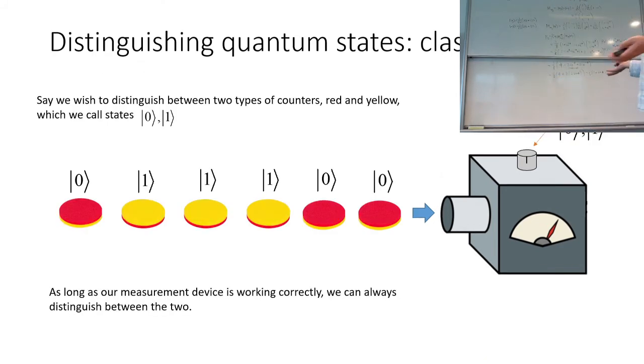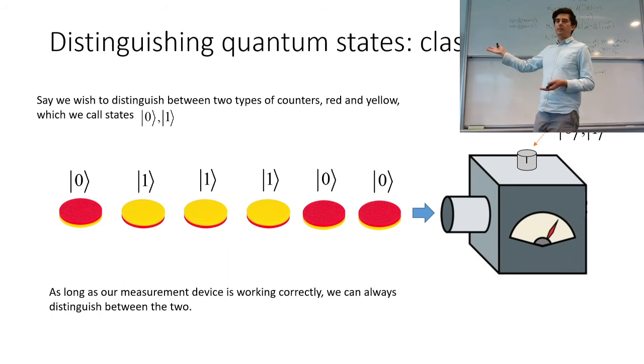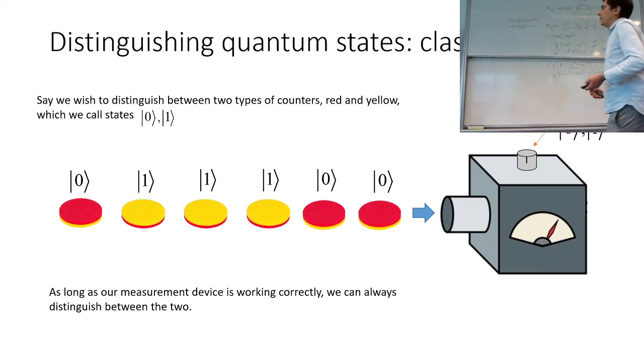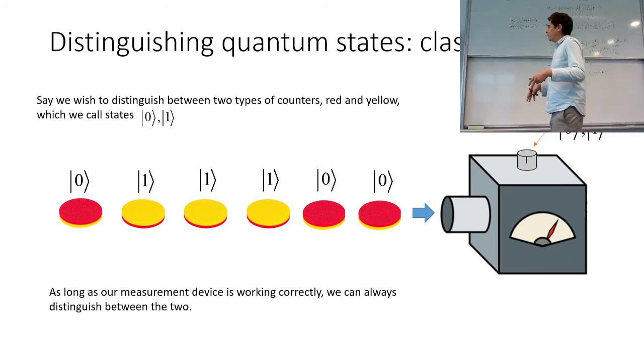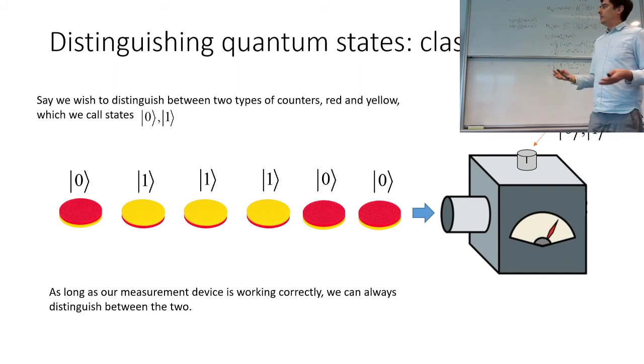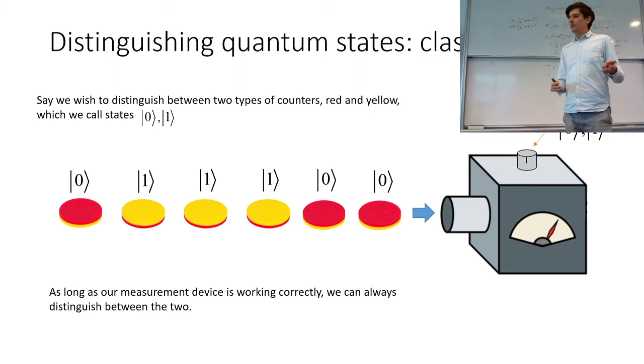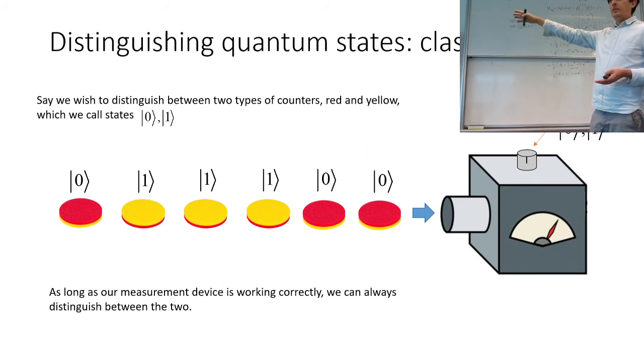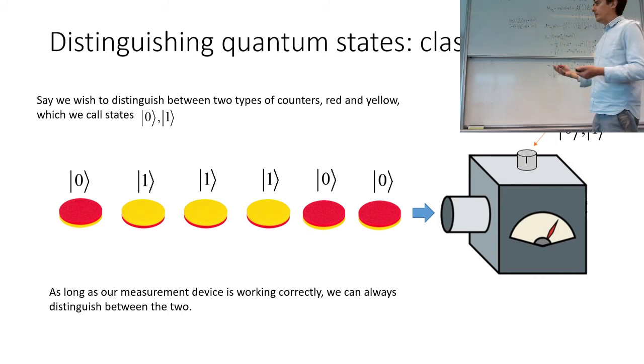So, of course, if you have two different states, and in this scenario, I've got somebody that's sending me states which are either 0 or 1, and they're all going into my measurement device. I'm receiving some transmission of some data, basically, right?